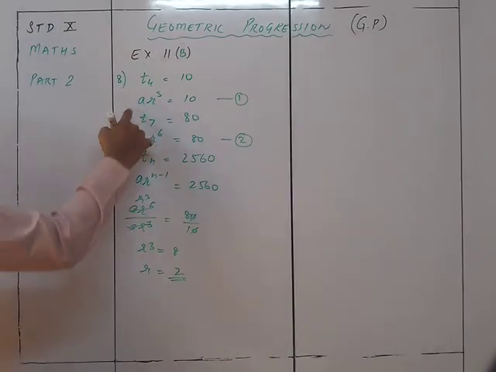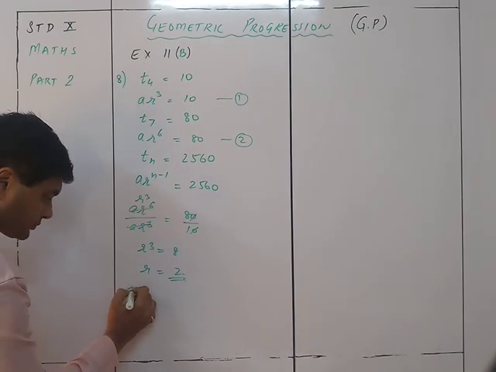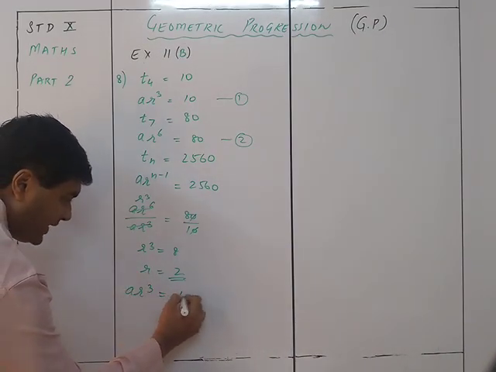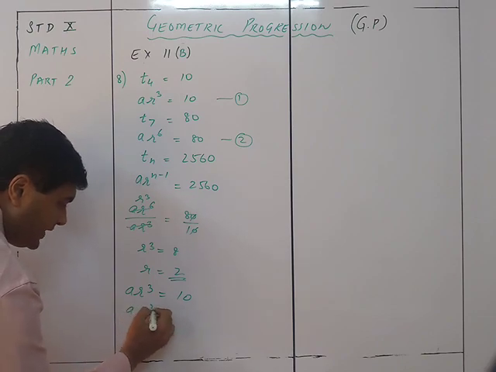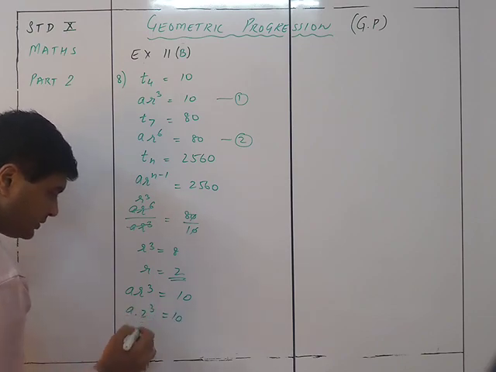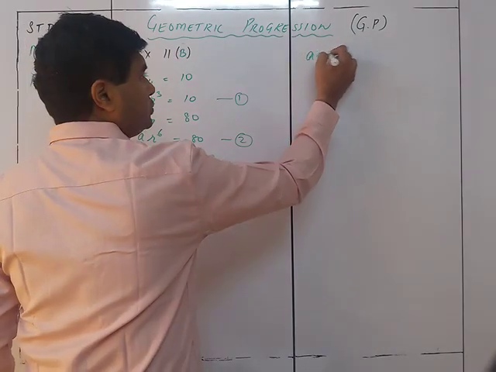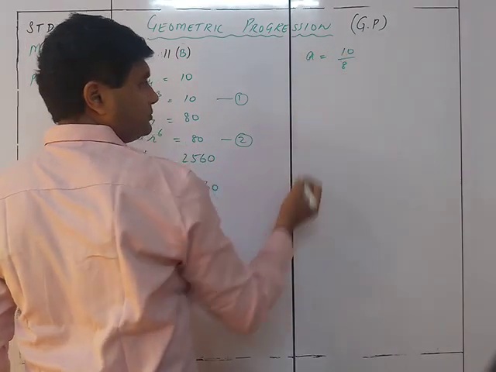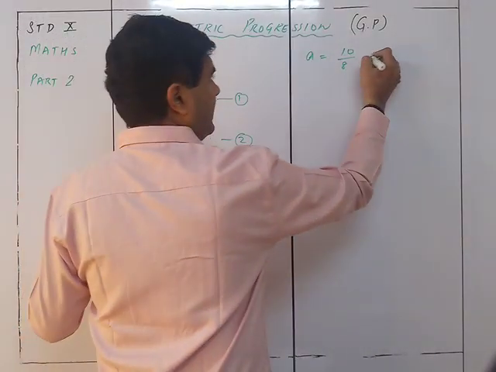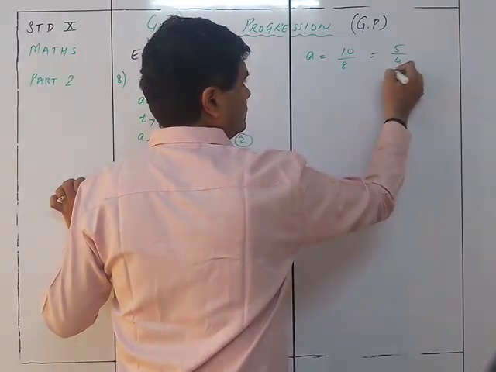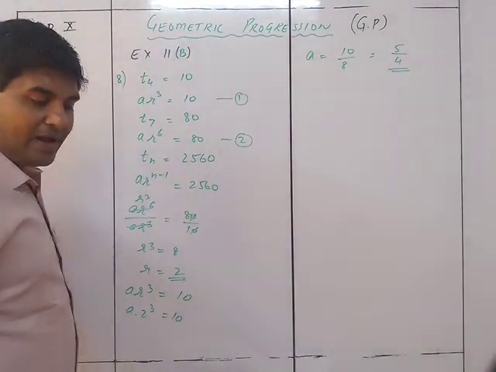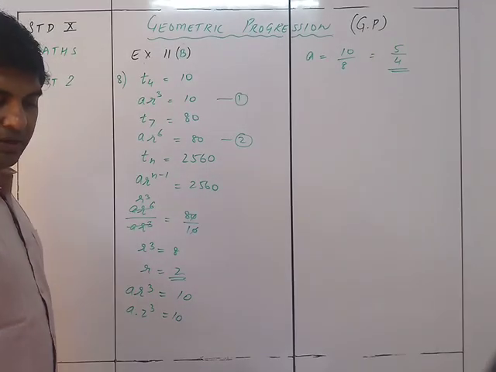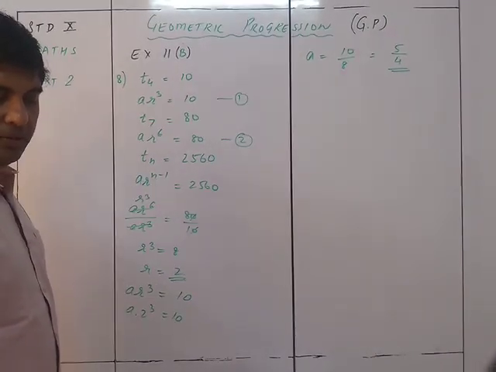Now we are going to take A. So we know that AR raised to 3 is equal to 10. So A times 2 raised to 3 is equal to 10. Therefore A is equal to 10 upon 8, which is nothing but 5 upon 4. The value of A will be 5 upon 4.